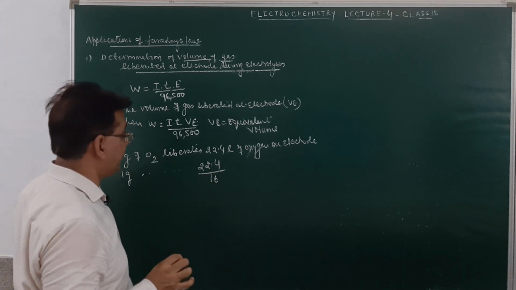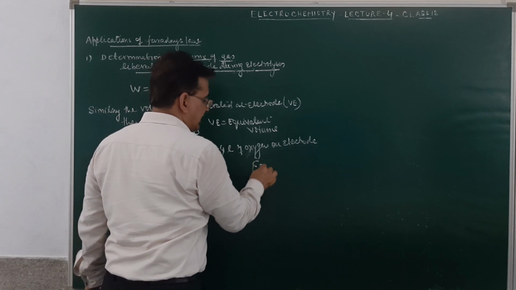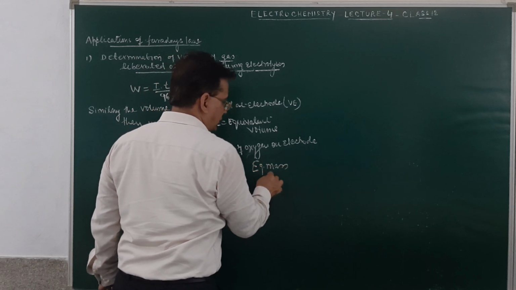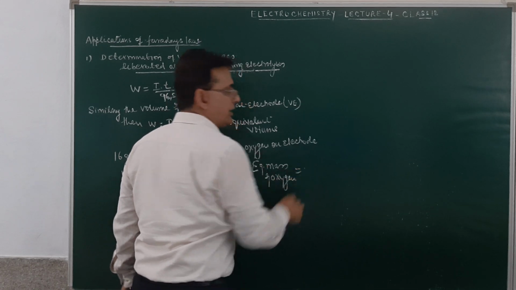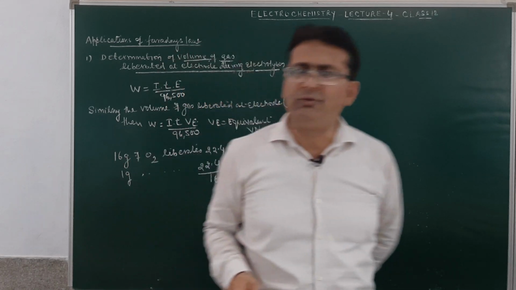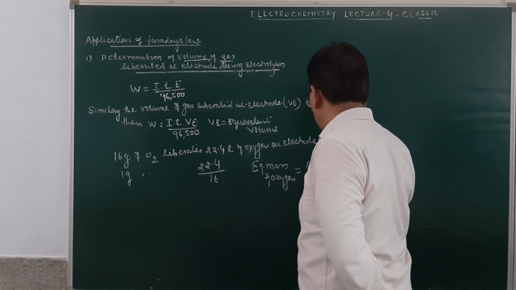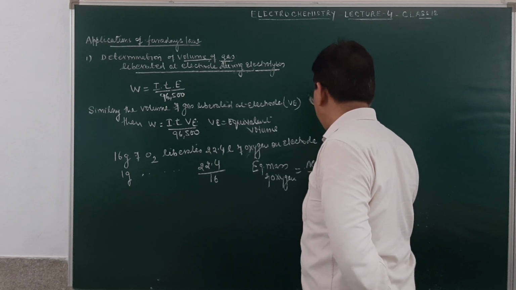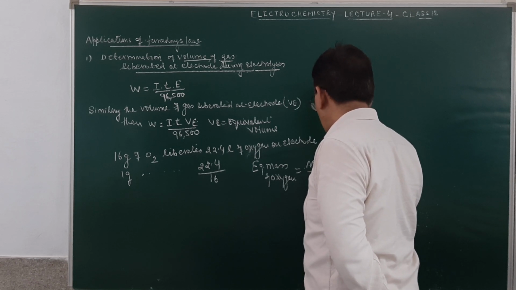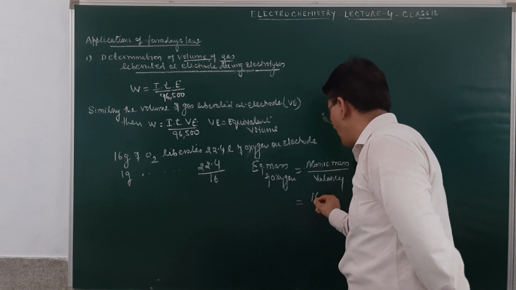Now, what is the equivalent mass of oxygen? Students, the equivalent mass of oxygen will be equal to the atomic mass divided by valency. Am I clear? What is the atomic mass of oxygen? It is 16. Valency is 2.